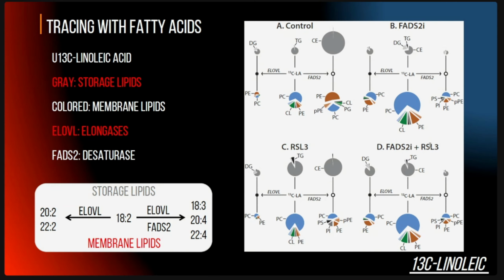In the normal situation, a bunch of the 13C-labeled linoleic acid pool that you put in the cell goes into phospholipids. In this case, the phospholipids are already desaturated by fatty acid desaturase number 2, but also fatty acid desaturase number 1.